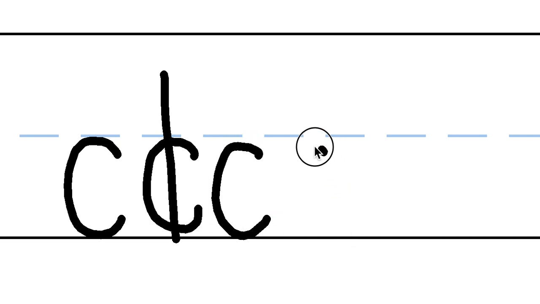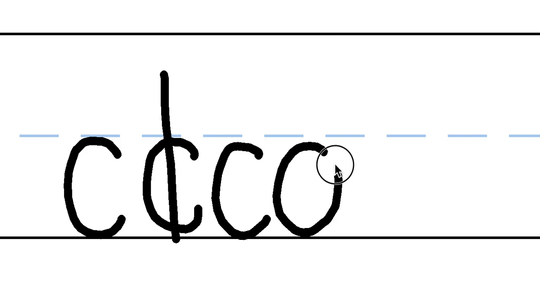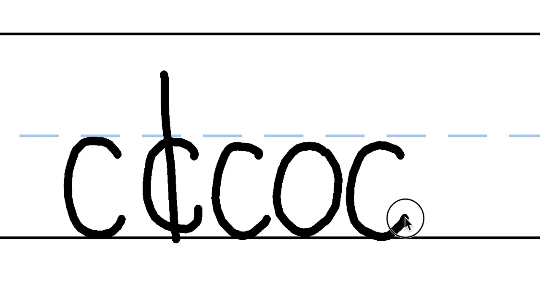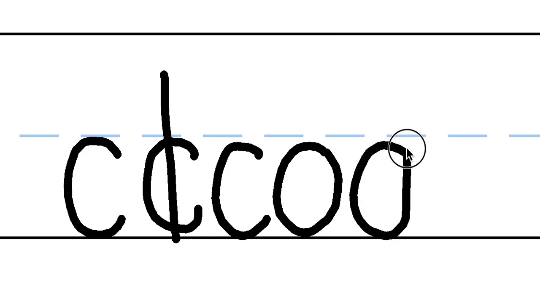The C easily becomes an O just by joining the two ends. It can become an A. That's a little trickier because when you make your C, instead of curving up, you want to go straight up as if you were making the U. And then, like you're making the U, hook down to make the tail.